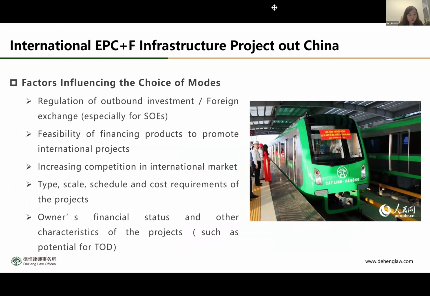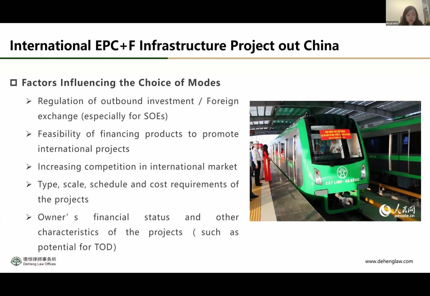My colleague will then give a more detailed introduction of the international EPC+F infrastructure project. I could just share a few of my observations on why these trends of mode are happening. I think the factors influencing the choice of mode in international projects include, first, the regulation of outbound investment and foreign exchange, which makes outbound investment, for example as a PPP investor, more difficult than using other financial modes.